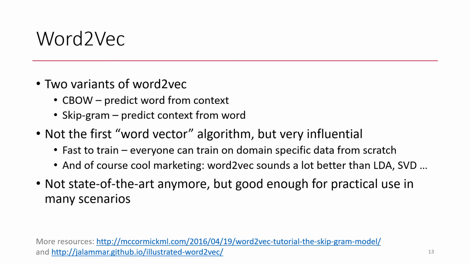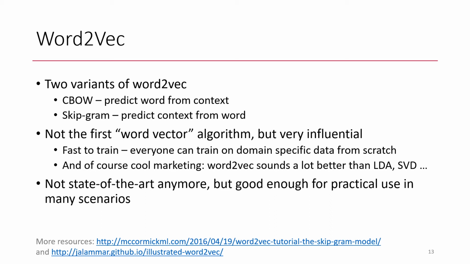There are actually two variants of word2vec, and word2vec is sort of only the umbrella term. First, we have the continuous bag of words, which predicts a word given its surrounding context words, and then the other way around is skipgram, which predicts context words given a single word.